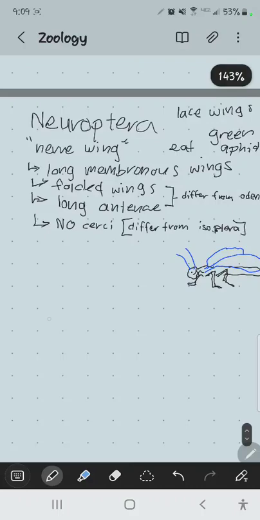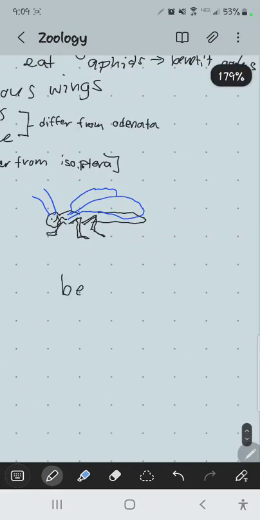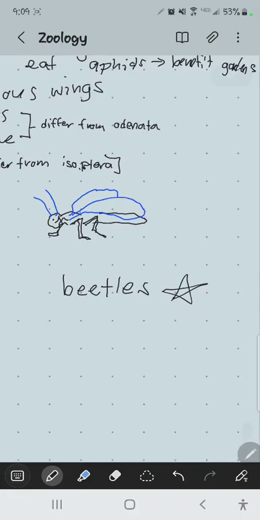Ptera means wing. Coleo means shield. So in these, their wings are basically hardened. It's not leathery, it's actually a hardened wing, so it's called a shield wing or hard wing. The wing is hardened or shield-like, and it's usually folded over the body like a shell.